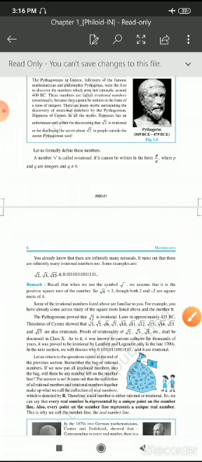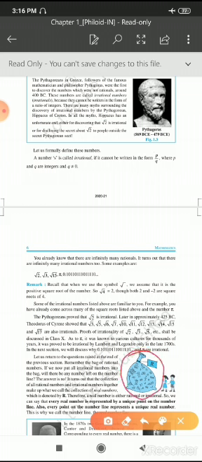Now, coming to real numbers. The collection of rational and irrational numbers is called the set of real numbers. If all the rational numbers and irrational numbers are collected, that is called the set of real numbers, and it is denoted with capital R. All the natural numbers, whole numbers and integers are included in the rational numbers.